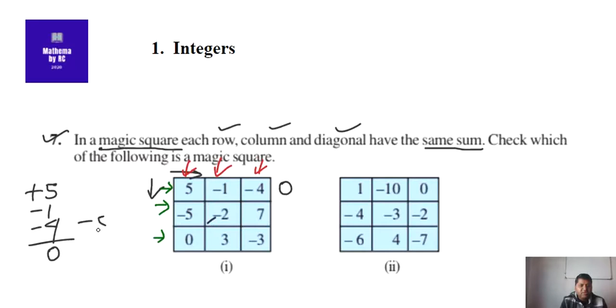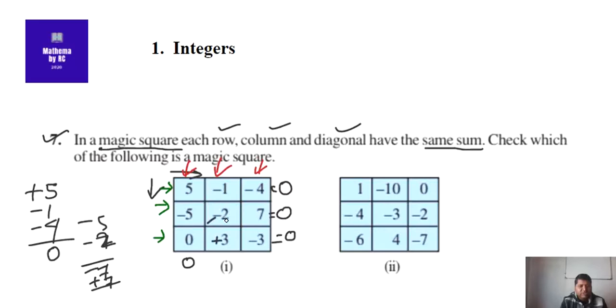Minus 5 minus 2 plus 7, that means minus 7 plus 7, this is also 0. And 3 minus 3 is also 0. In column basis, 5 minus 5 is 0.